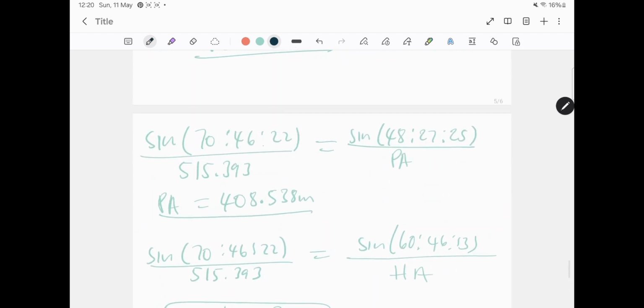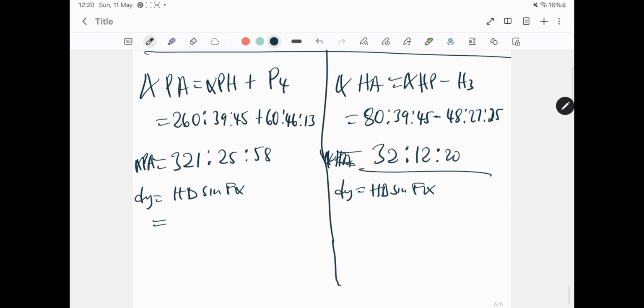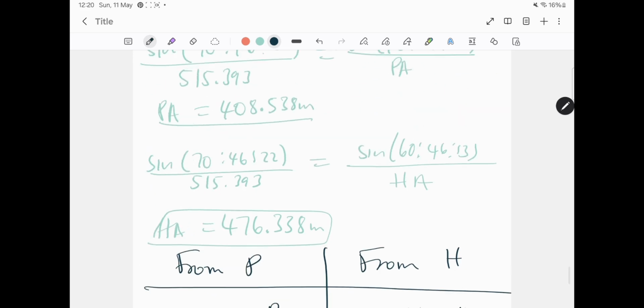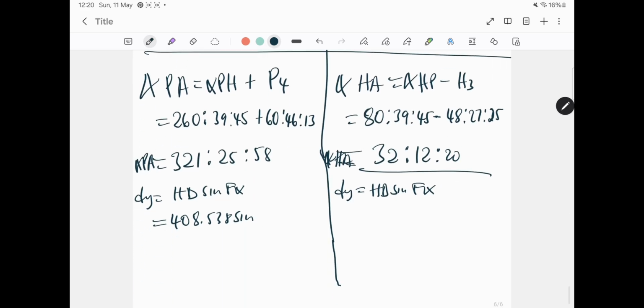So the HD is 48.538 sine the forward bearing from P to A, which is 321, 25, 58. So you're getting negative 254.696.